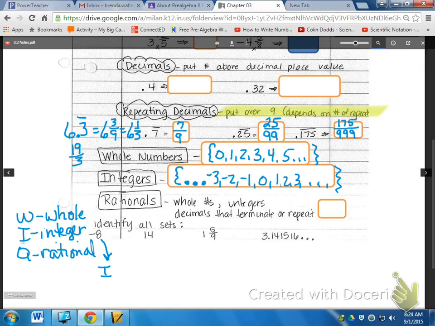A rational. So you would have to put I and Q on -8. What about 14? Haley, what do you think? A whole number and a rational. If it's a whole number, is it an integer? Look at the list. Yes. So it would be all three: a W, I, and Q. You'd have to put all three.